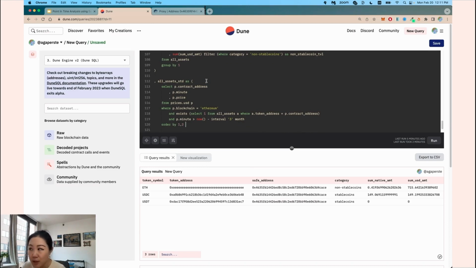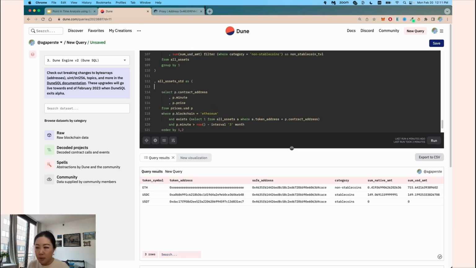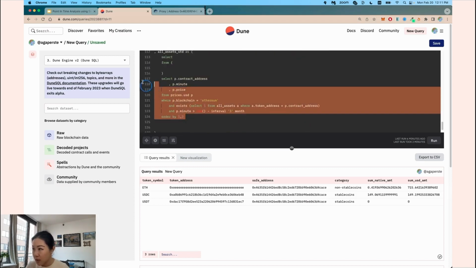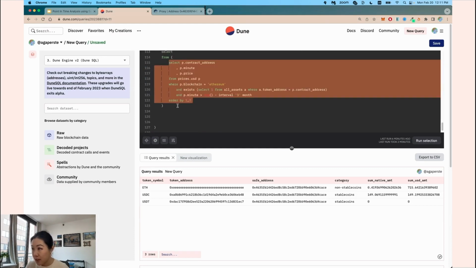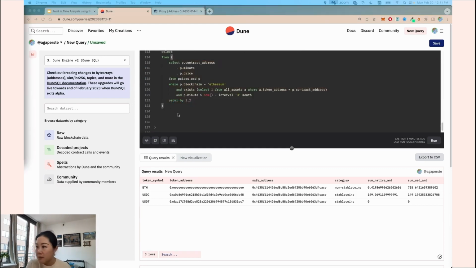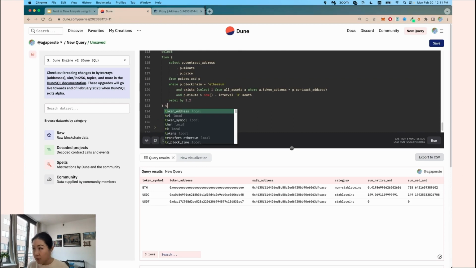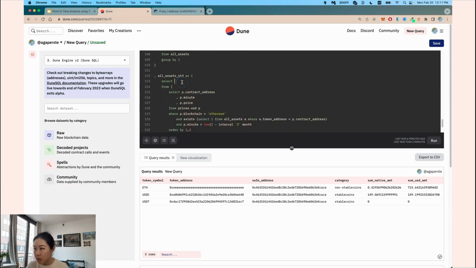So this is for our ERC20, and then we're going to apply a standard deviation function on top of it. We're going to do select from, and this would be the subquery we are selecting from, just formatting it a little nicer. You have to name a subquery, so we're going to call this T, and then here we're going to say select contract address.